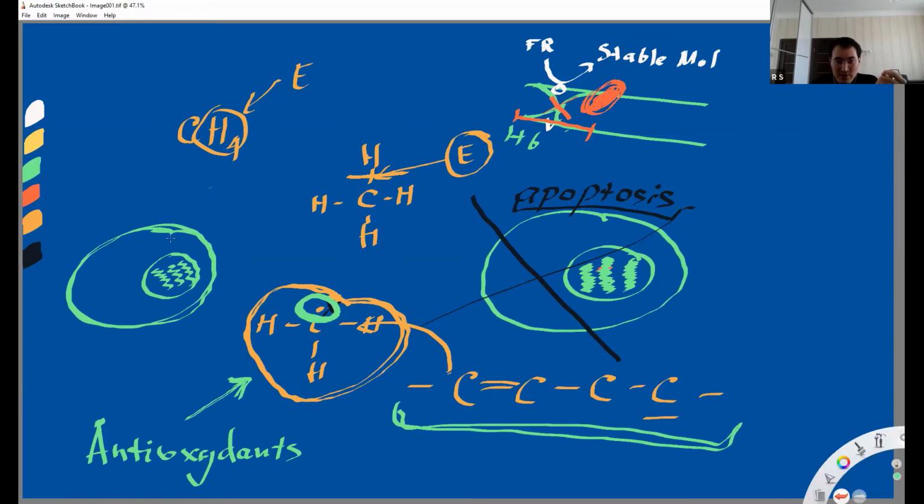Whenever we have this situation, we have a very unstable state for our cells, and usually it means that we are diseased. We don't feel healthy. It becomes very dangerous and potentially lethal if the amount of free radicals is more than the organism can handle.